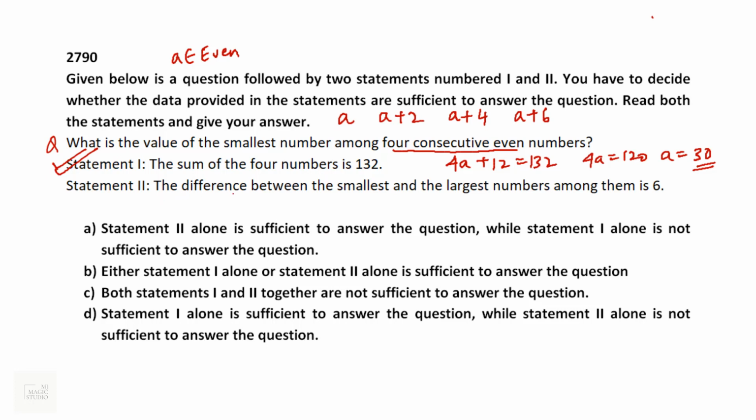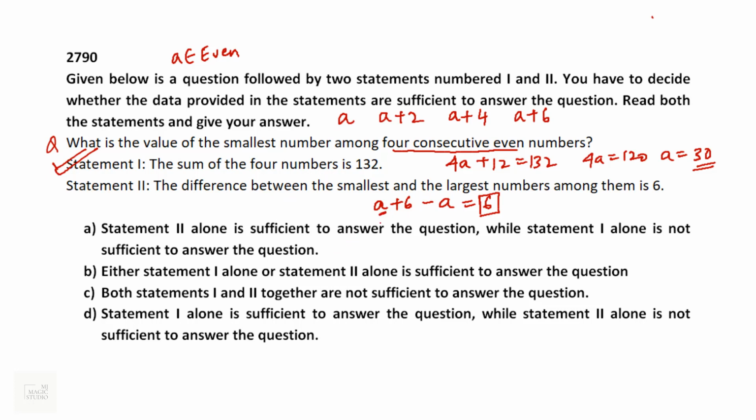Now statement 2 says the difference between the smallest and the largest number among them is 6. It says that a plus 6 minus a is 6. We know that it is 6. It would be true for any value of a. Using statement 2 alone, we cannot find the value of a because statement 2 is the correct statement for any value of a.